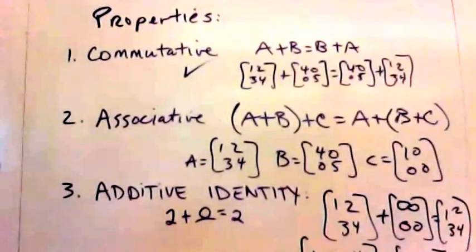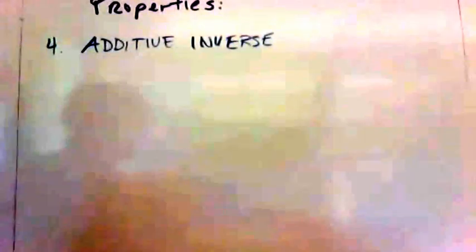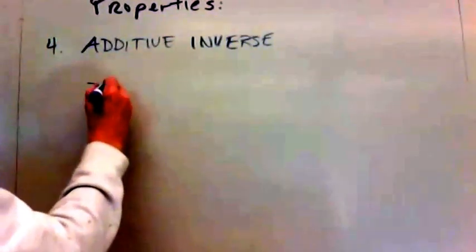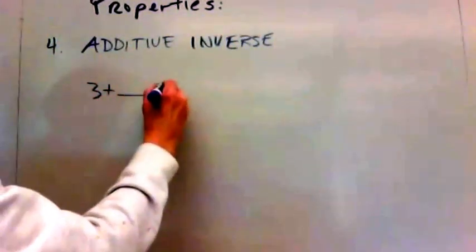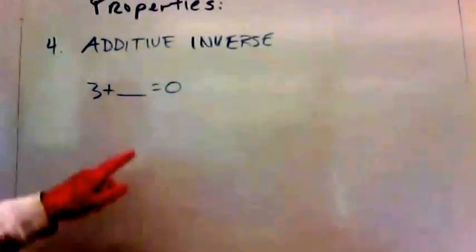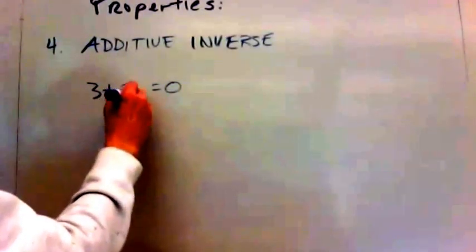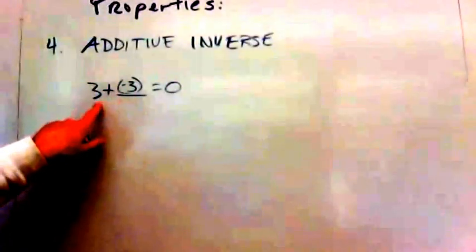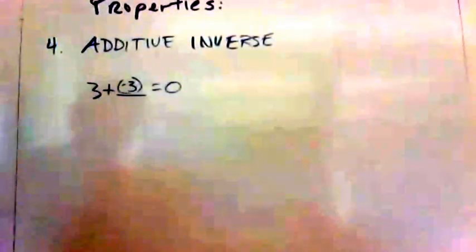All right, let's take a pause here. Okay, the last property that we're going to look at is the additive inverse. If you remember in the real numbers, we would take 3 and we'd have to know what to add to get the additive identity. And you knew what you had to add was the opposite sign of what you started with. So that's very similar.